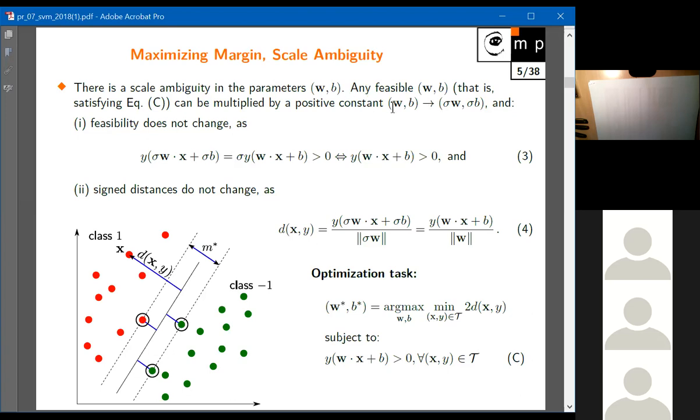If we multiply W and B by any non-zero constant, we'll get exactly the same decision boundary. That's explained in formula 3. And the distance is the same. If you multiply your vector W and B by a scalar factor, no change. So this is inconvenient because we have 1 degree of freedom that is redundant, and that might complicate things.